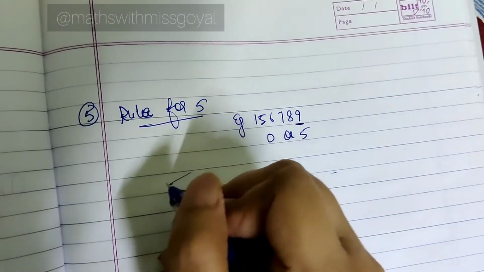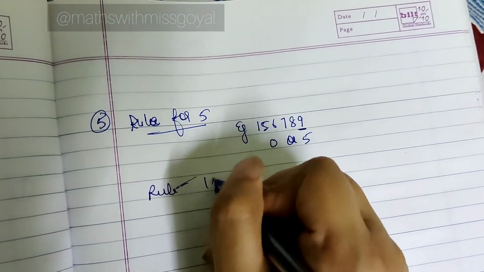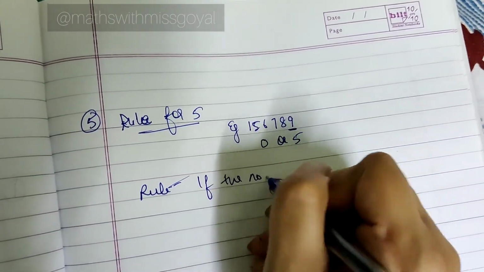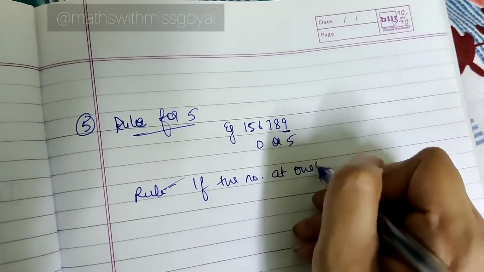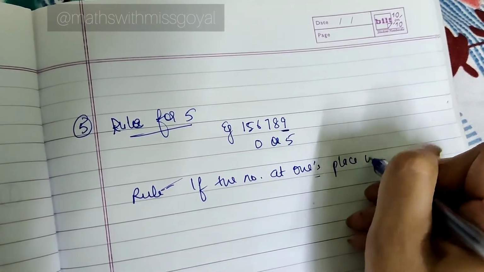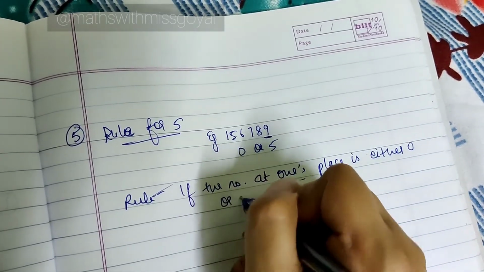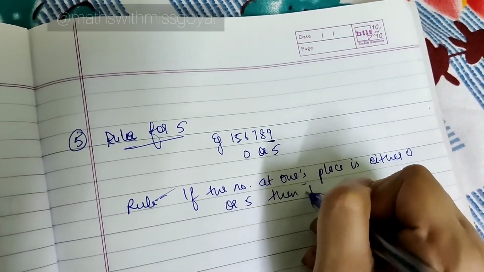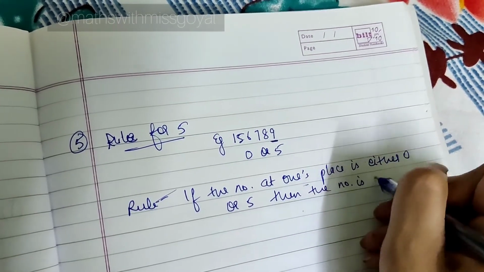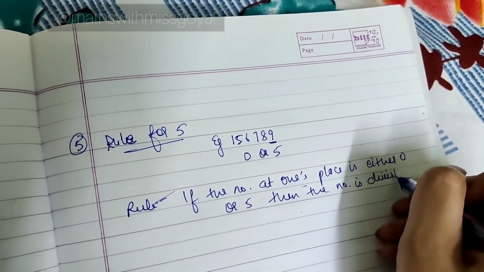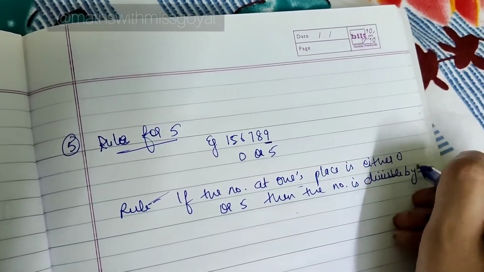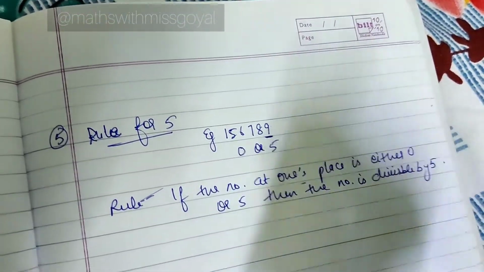That's it. If the number at the ones place is either 0 or 5, then the number is divisible by 5, and if not, then no.